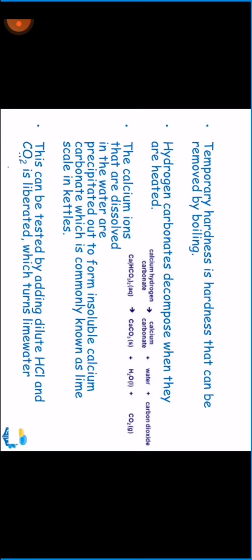We can show this decomposition along here, saying calcium hydrogen carbonate decomposes into calcium carbonate, water, and carbon dioxide. We can test for this by adding dilute hydrochloric acid, and this will cause carbon dioxide to be given off, which will turn lime water milky.